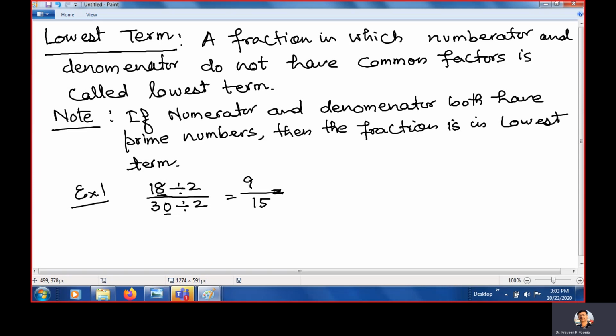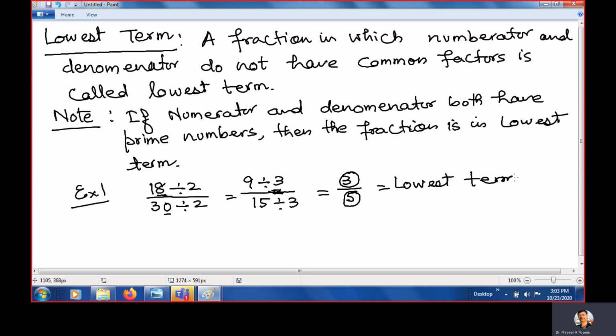If you see here, this is 9 and 15. Both are divisible by 3. So we divide by 3. How much will we get? 3 upon 5. Now see, this is a prime number, this is a prime number. So this is the lowest term.